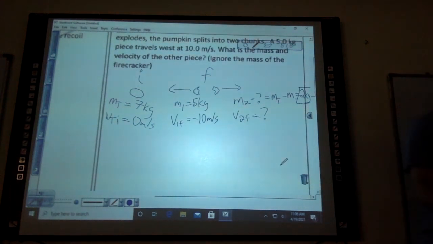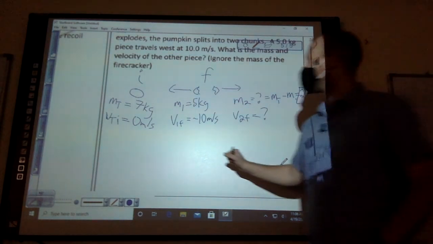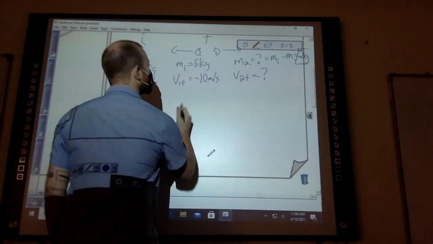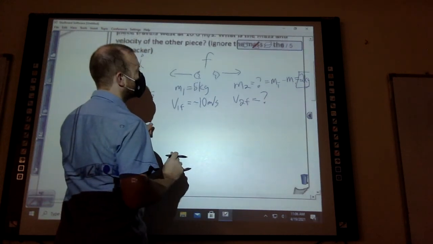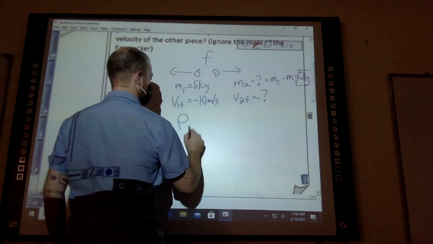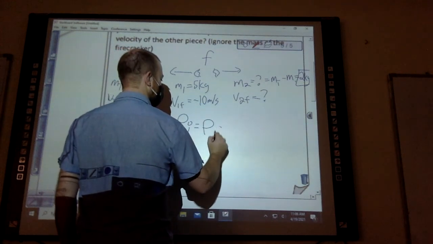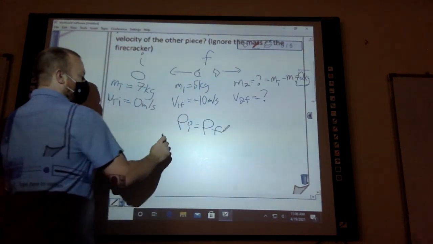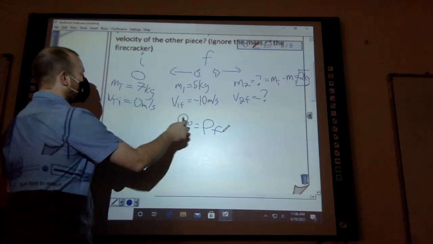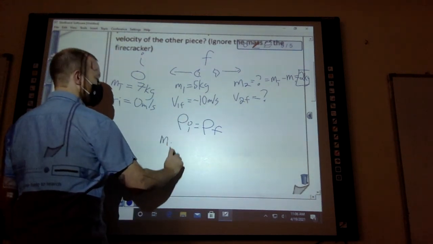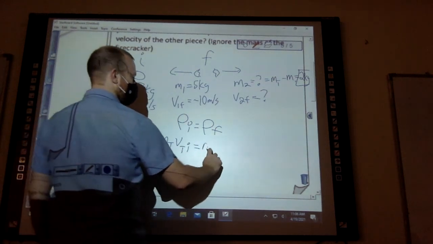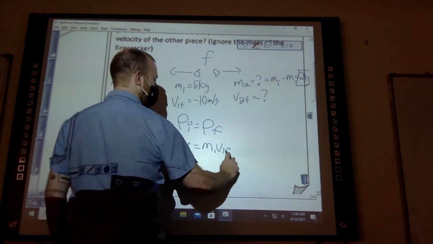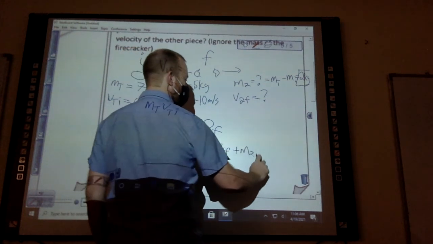Now we're going to use conservation of momentum to figure out the other part. Momentum initially equals momentum final. In this case, our total initial momentum, this one's the two combined objects, is equal to M1V1F plus M2V2F.